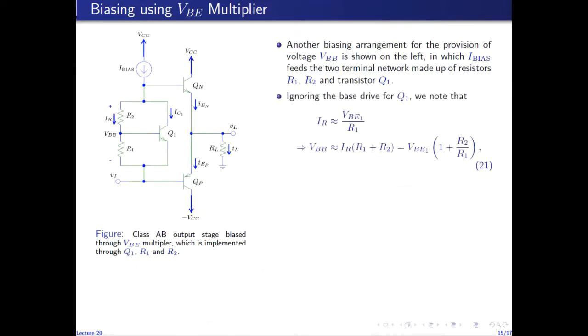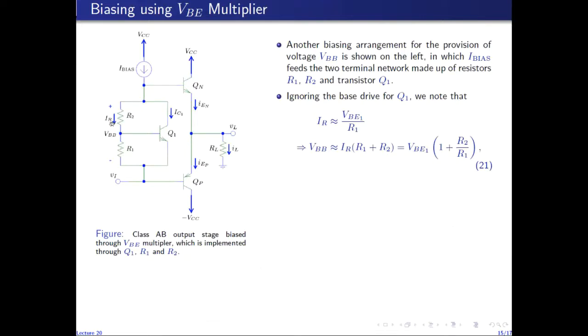And why is it called VBE multiplier? Because if we analyze this circuit, and if I represent the current flowing through this resistor R2 as IR under quiescent conditions, then ignoring the base drive for Q1, that is ignoring the base current of Q1, IR units of current will flow through R1.